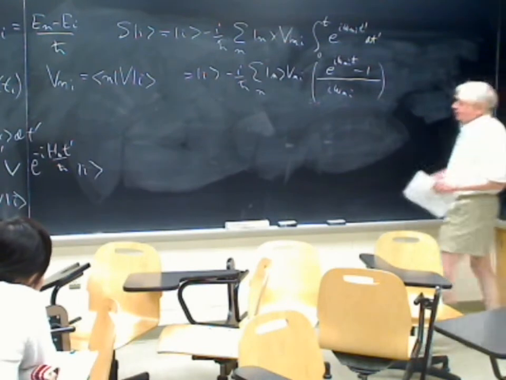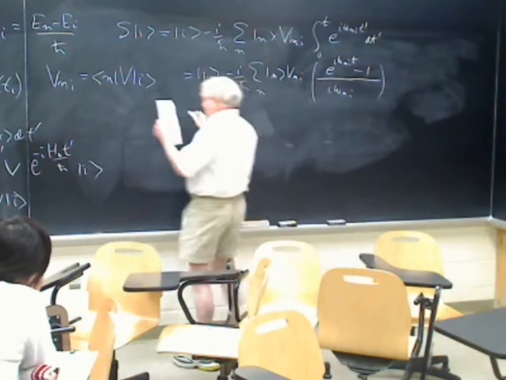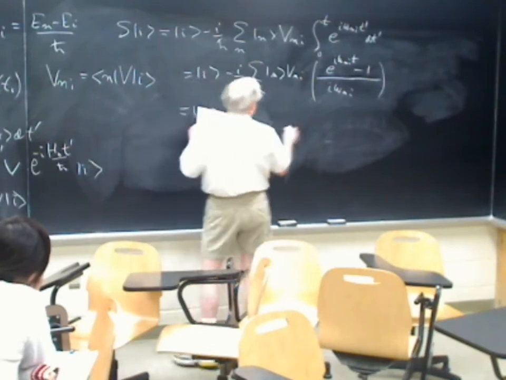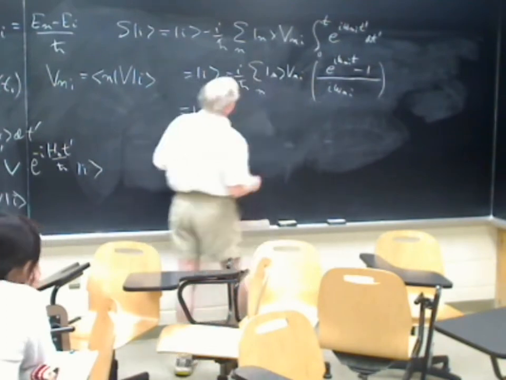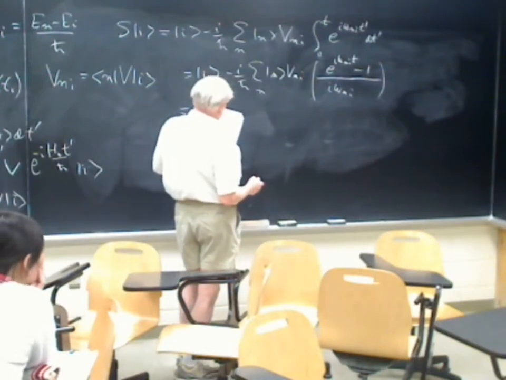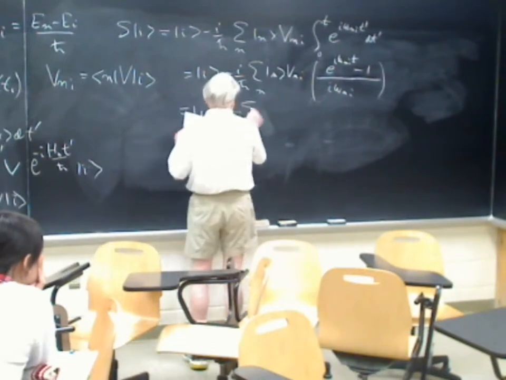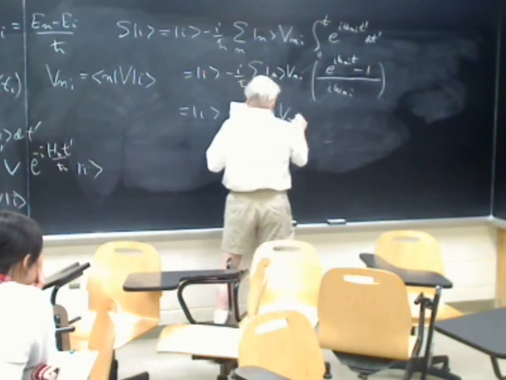And there's an H bar here. When the H bar hits the omega, what we get is En minus Ei, and there's also an I here that cancels this. Understand that? So what we get is plus sum on N VNI.